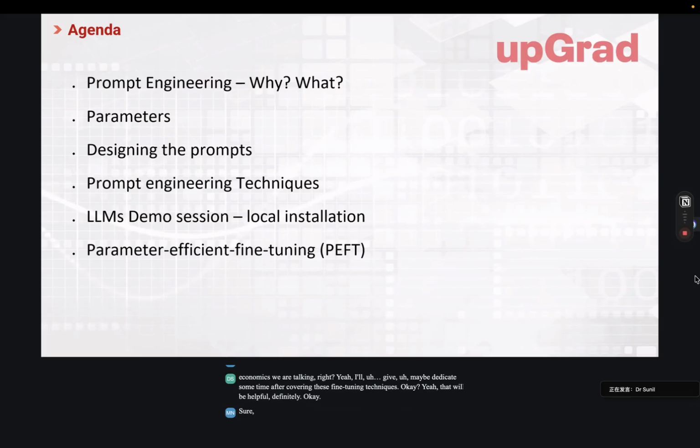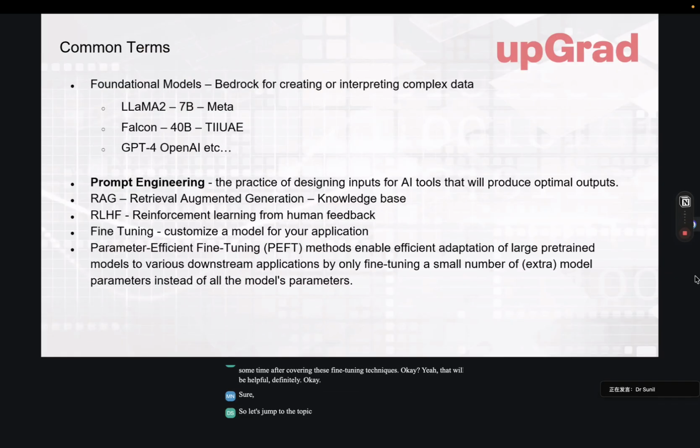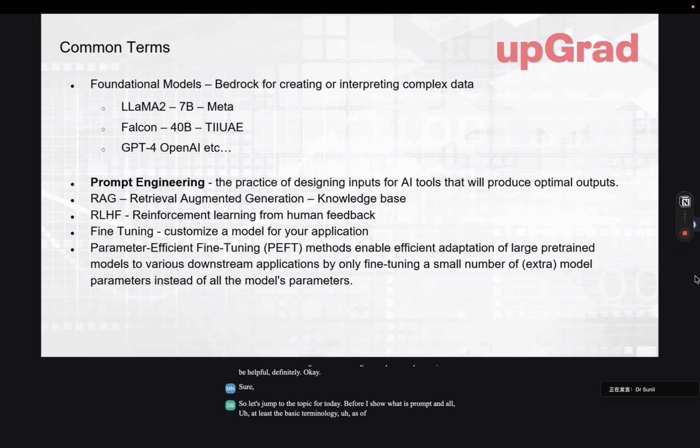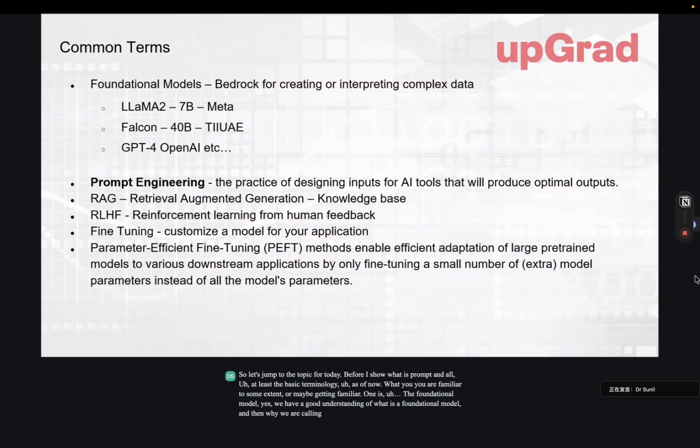Okay, so let's jump to the topic for today. Before I show what prompt is, the basic terminology as of now, what you are familiar with to some extent, or maybe getting familiar with. One is the foundational model. We have a good understanding of what a foundational model is, and why we call it foundation: because it is not directly solving enterprise AI problems.